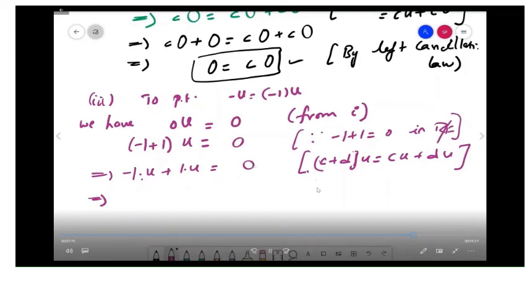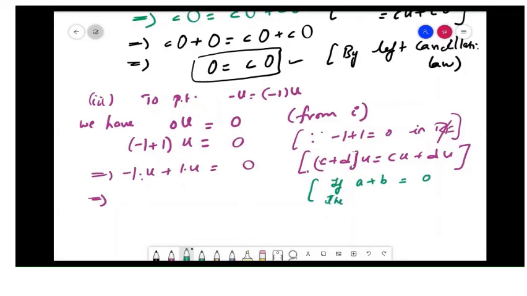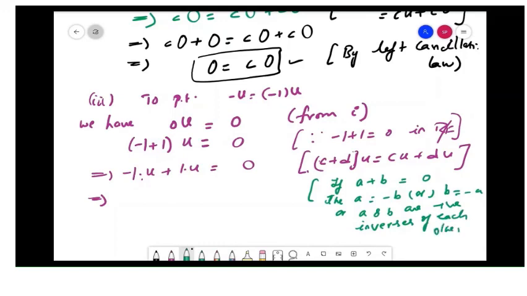We can recollect something from group theory: if a plus b is equal to 0, then a is equal to minus b, or b is equal to minus a. That means a and b are additive inverses of each other. If the sum of two elements is 0, then each one is the additive inverse of the other.